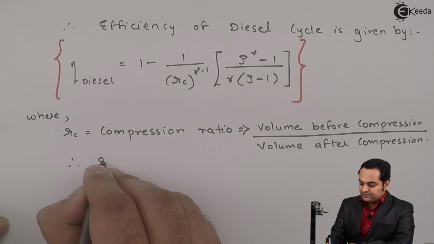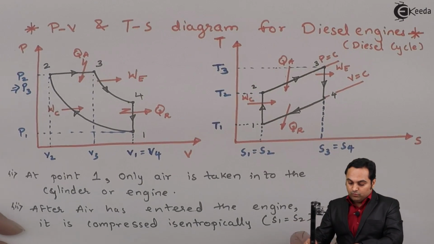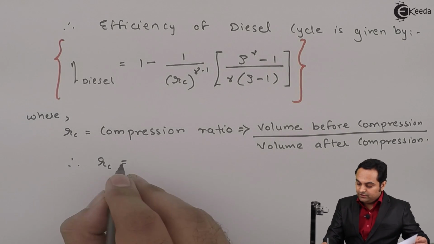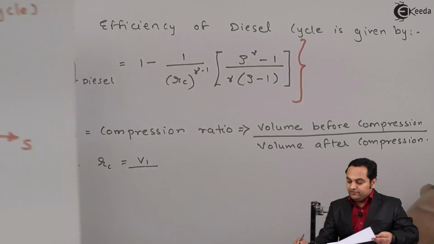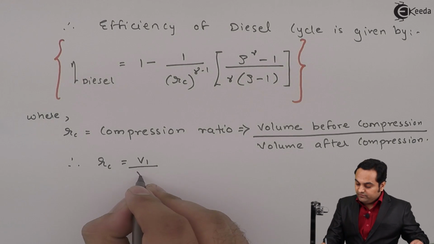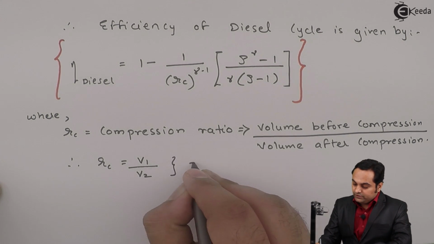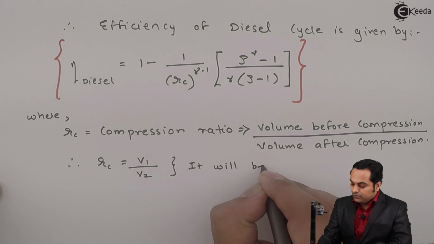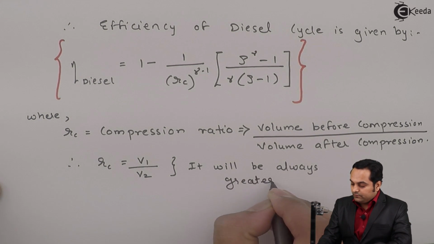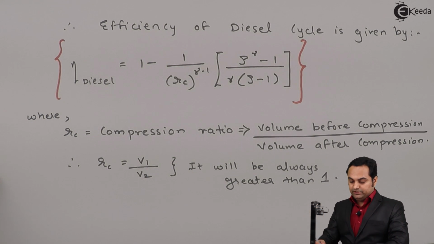So therefore r_c is equal to, I can show it on the diagram, volume before compression, which was V1, the cylinder volume. Volume after compression is V2, called the clearance volume. So V1 by V2 is r_c, and this value will always be greater than 1, a positive value, and greater than 1.